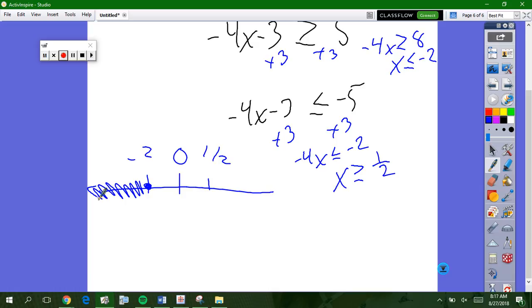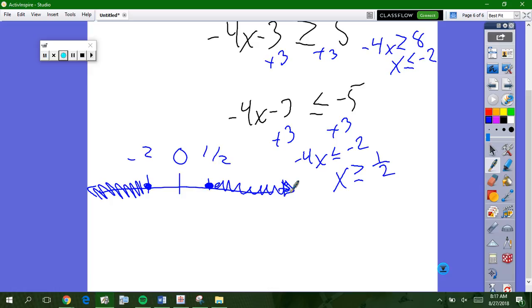Make sure you have the arrow to continue it on. And then the other one's saying x is greater than or equal to a half. Okay. That would be the graphing solution, right?